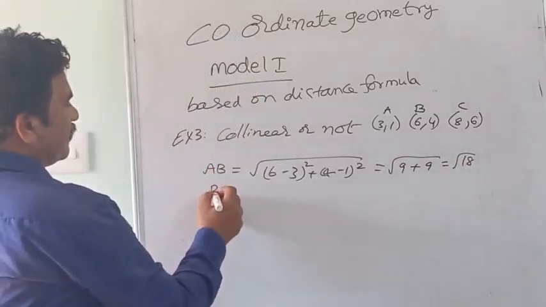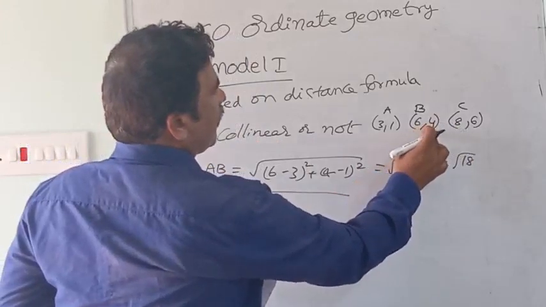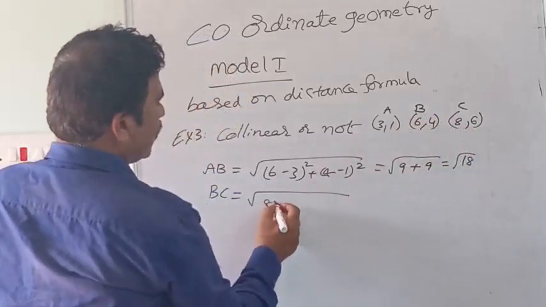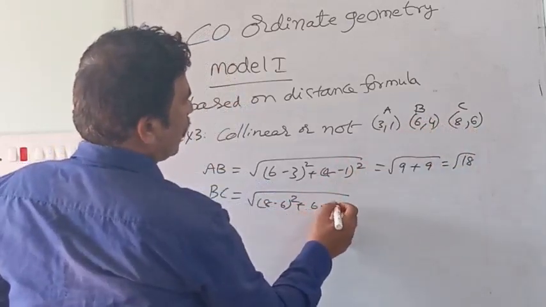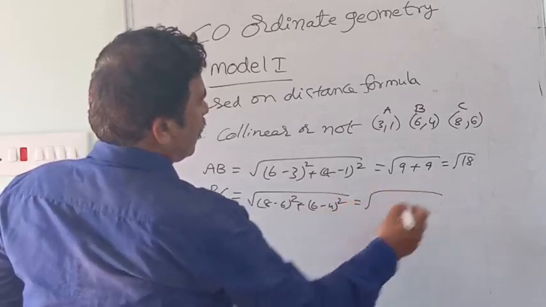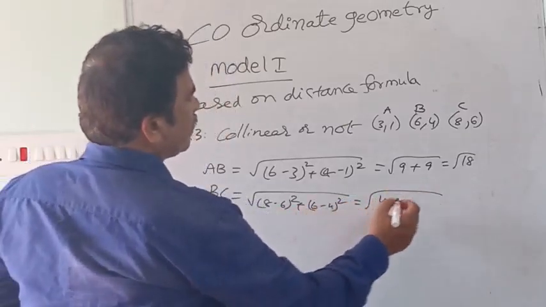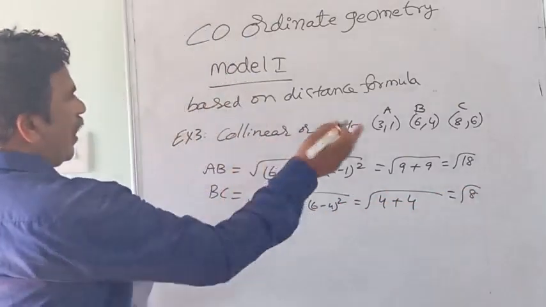Now the distance BC. While finding BC, this is x1, y1 and this is x2, y2. Therefore (8 minus 6) whole square plus (6 minus 4) whole square, which is 8 minus 6 is 2, 2 square is 4, 6 minus 4 is 2, 2 square is 4. Therefore root 8. Now AC.